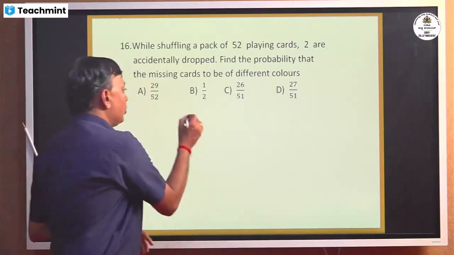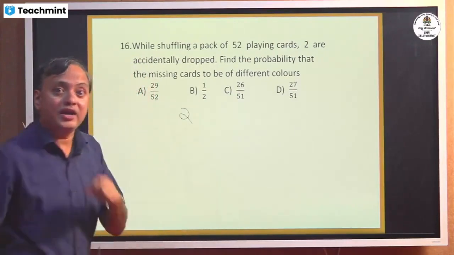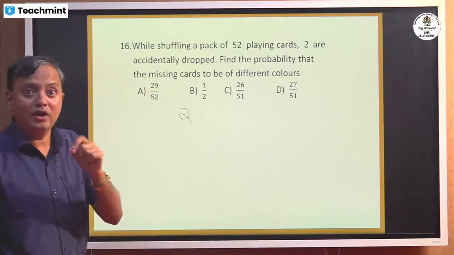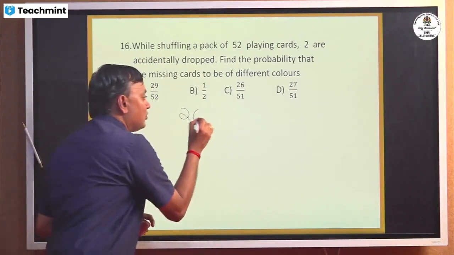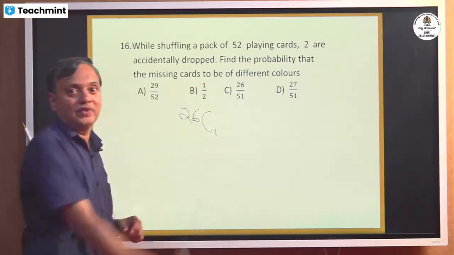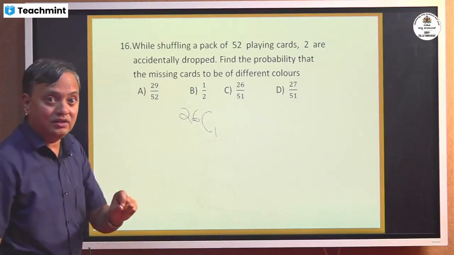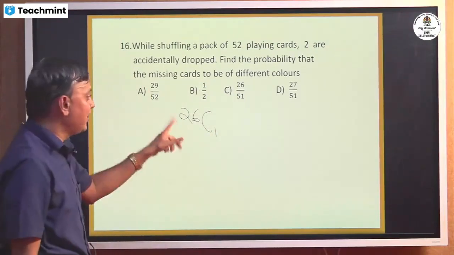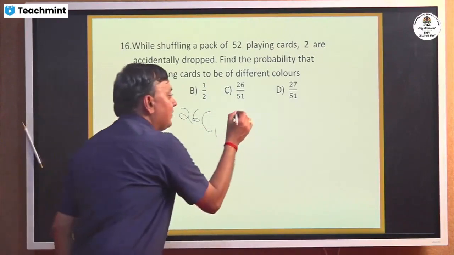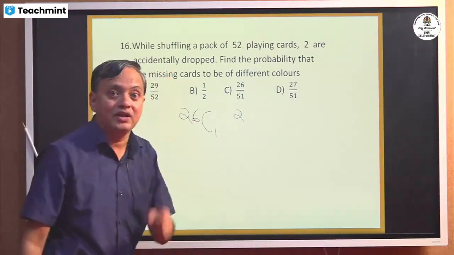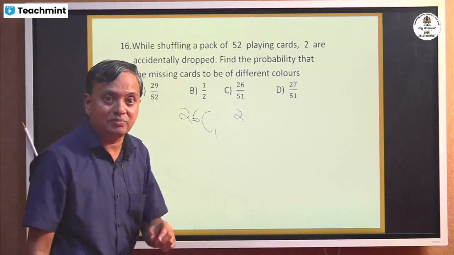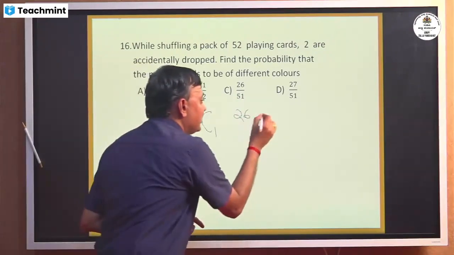So the missing cards are either a black card or a red card. So 26C1, correct? What is the number of chances of a red card? One red card missing is 26C1, and another, the chances of getting 1 among 26 black, is 26C1.